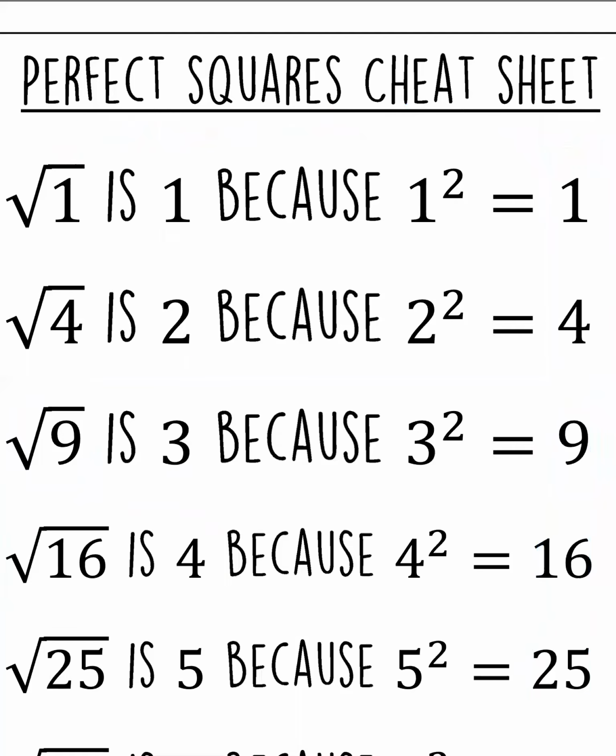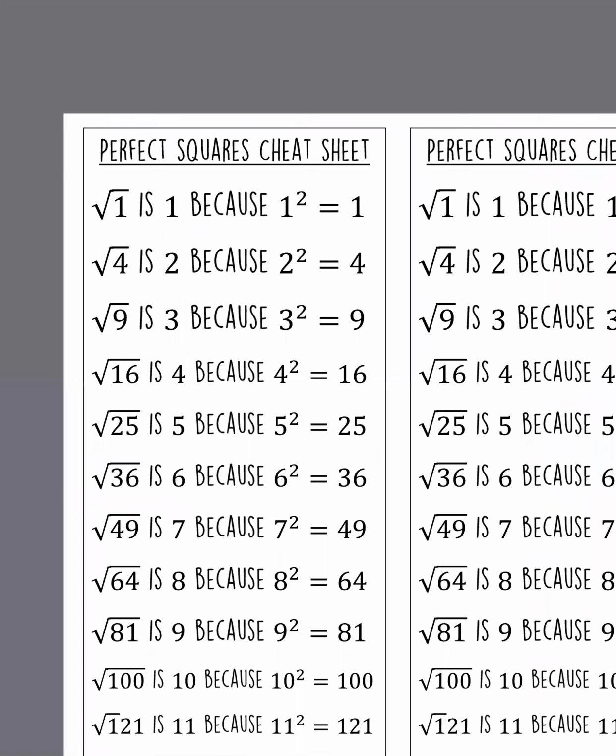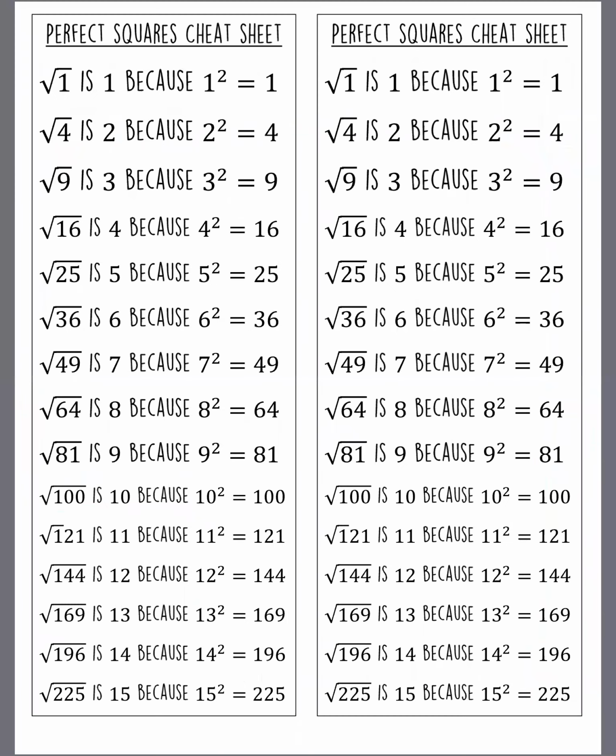If I zoom out a little bit, we can see all of them from 1 to 225, which is the biggest one we have on this list. It's the same on the side.